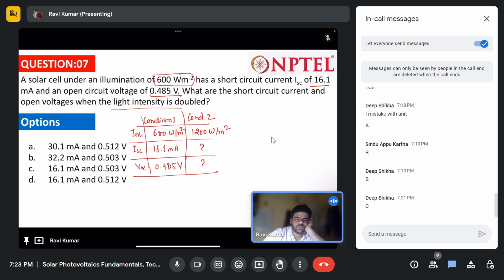Just tell me about current. If it is 16.1 milliampere at 600 watt per meter square, then what will be the current at 1200 watt per meter square? For the current, we don't need any kind of formula. We need a formula only for VOC calculation.